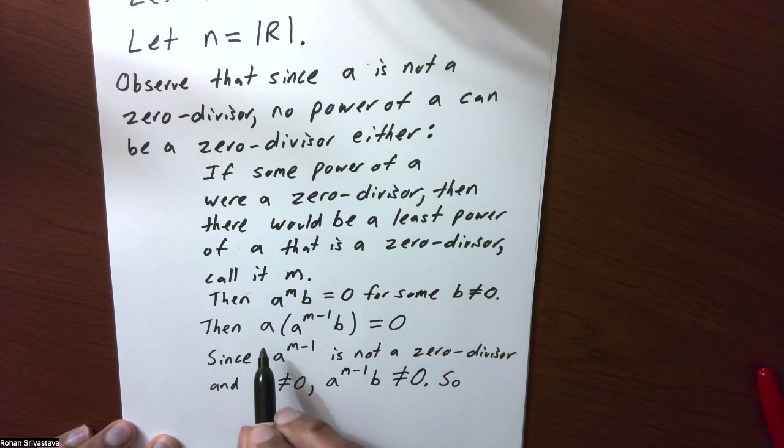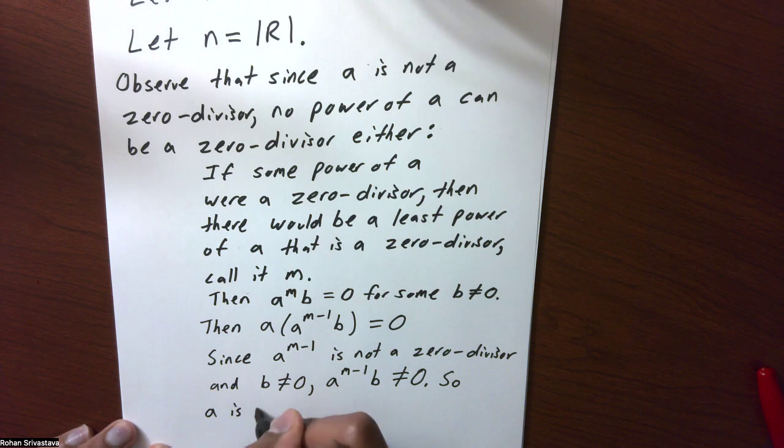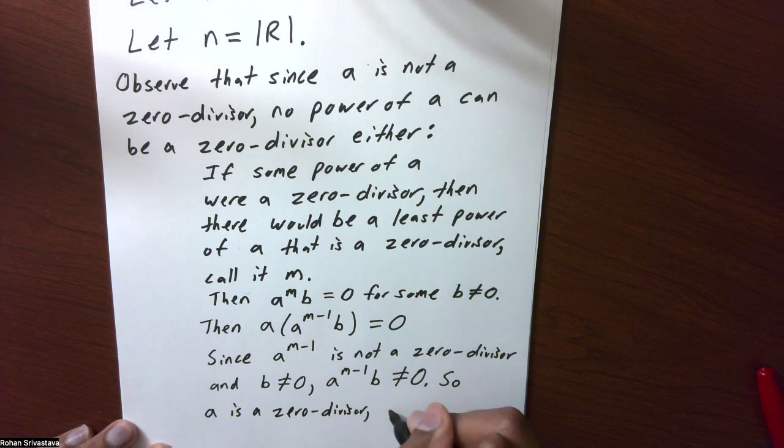So the fact that A times A to the M minus 1 times B is equal to 0 means that A is a zero divisor, which is a contradiction.